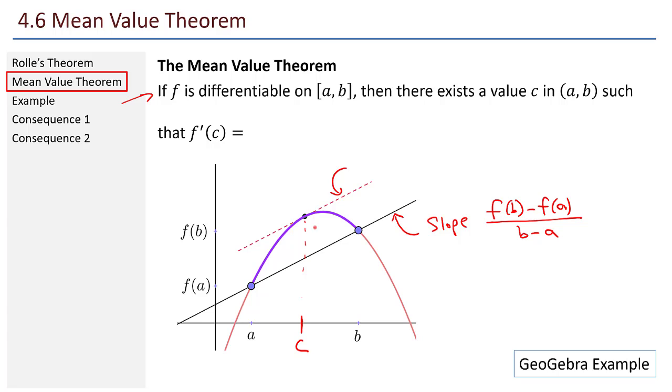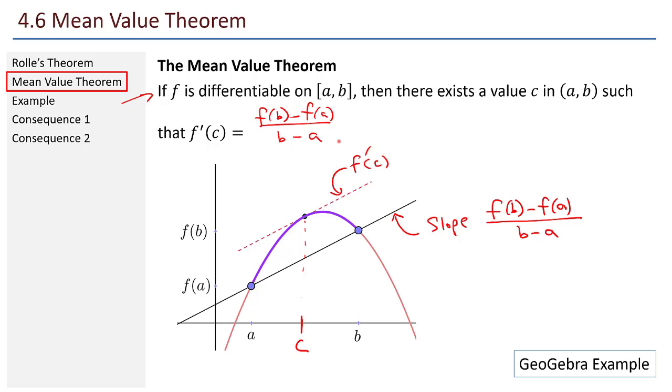But the other line I have, that's just a tangent line. That's f prime at c. That's the slope of that line. So it's saying that the f prime of c actually is f of b minus f of a over b minus a.